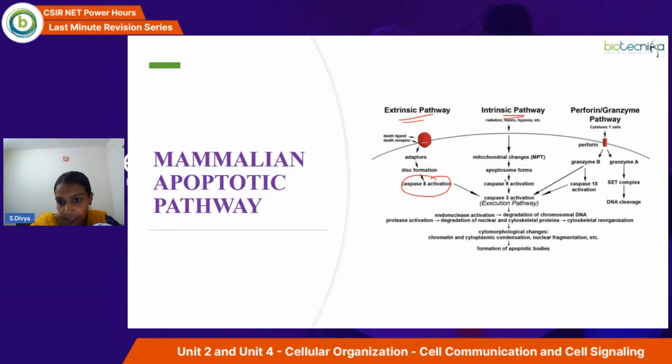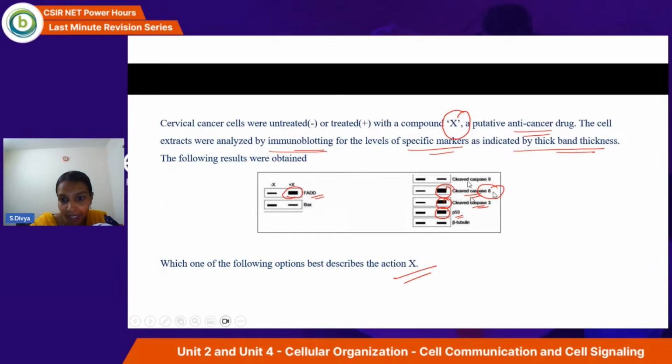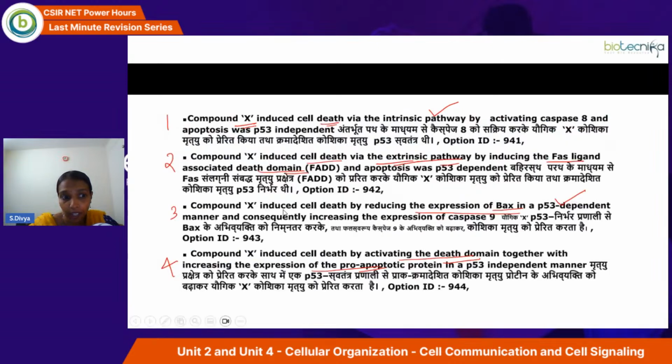The intrinsic pathway is the one where caspase 9 is activated. We have already seen in the image that caspase 8 has the thick band. Along with that, FADD also has the thick band. So blindly we can say that option 2 is the correct answer. And obviously P53 has to be involved, because we are using the anti-cancer drug over here. So that's why option 2 is the correct answer. I hope you are getting me.